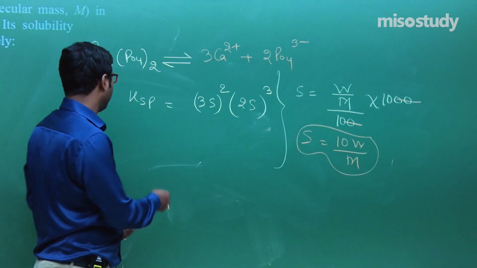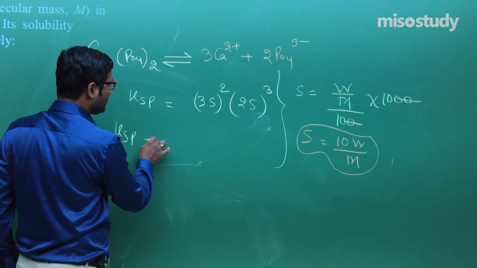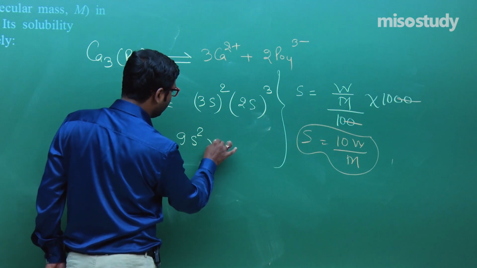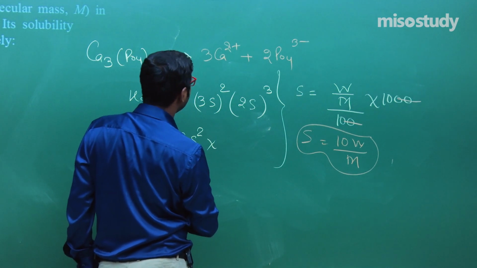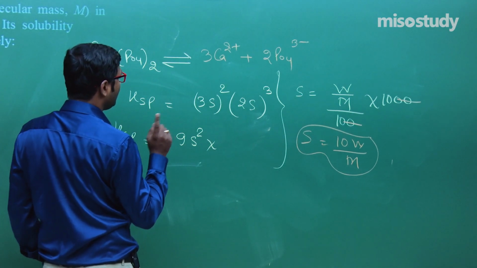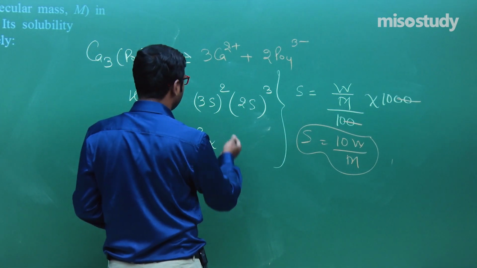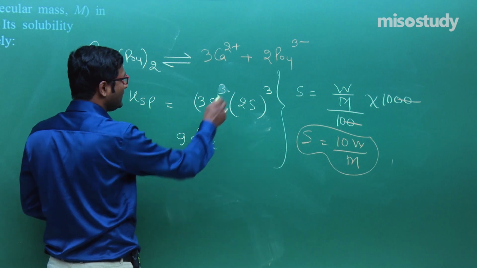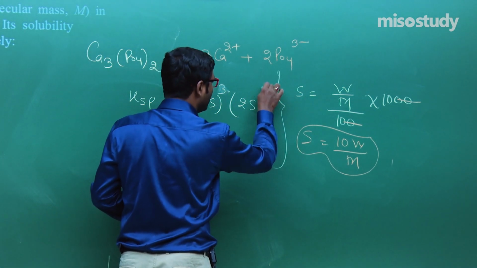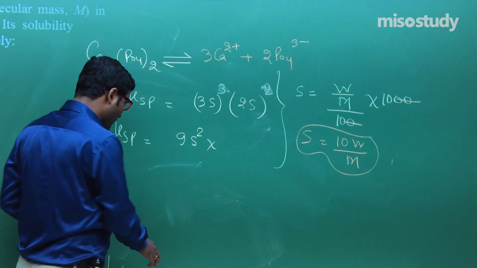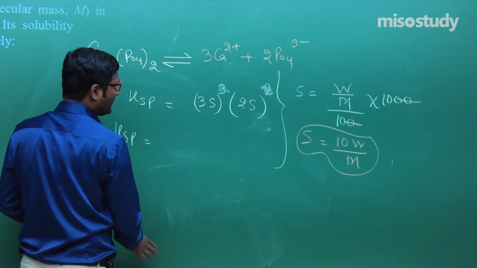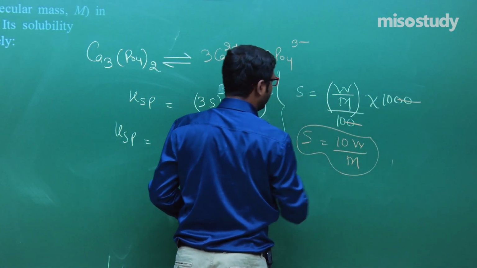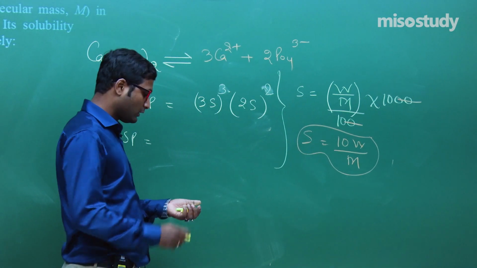Now what will happen? Ksp is equal to 3S to the power 3, 2S to the power 2. Wait for a moment, there is a mistake, 3 here, put here (3S)^3, 2 here, (2S)^2. Clear? Now it's correct. Now put here, this is the number of moles upon volume, 100 ml. Clear? This is the value of solubility.